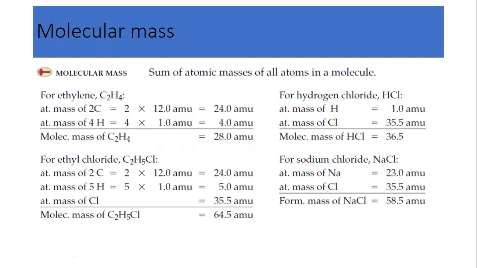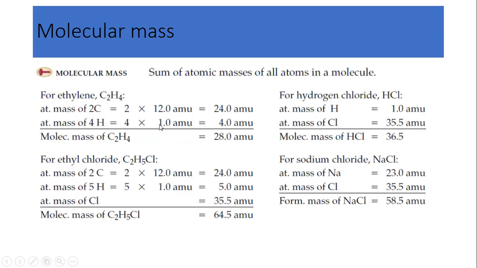In the same way, the mass of the molecule is the sum of the masses of all atoms in a molecule. Let's suppose the first example is C2H4. There are two atoms of carbon and four atoms of hydrogen, and the mass of one carbon is 12 and the mass of one hydrogen is 1.